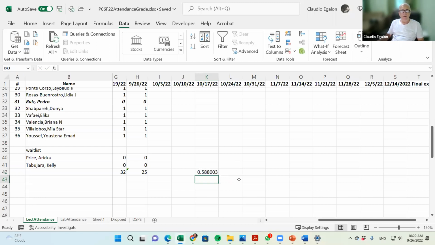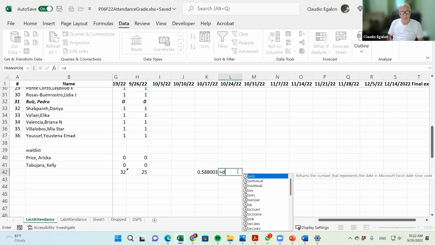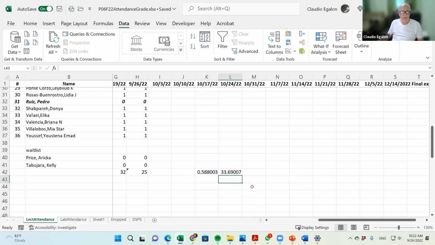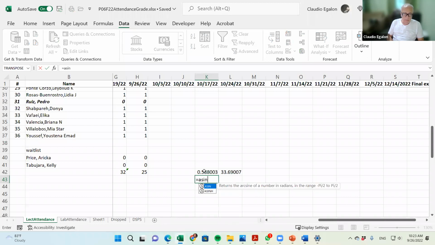I'm getting 0.588 radians, and now I have to change that to degrees. Let me see here, degrees. Excel always gives your angle in terms of radians, okay? And then when you change it, you get 33.69 degrees, whether it's an arctangent, or we can also say, here you go, a sine, right?